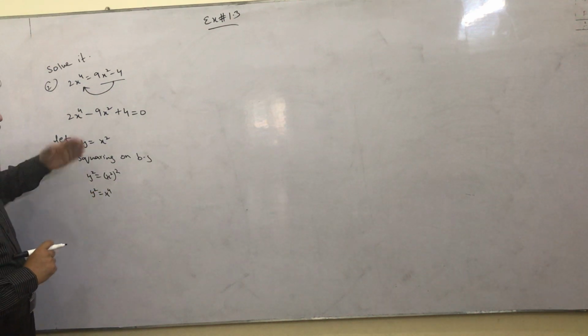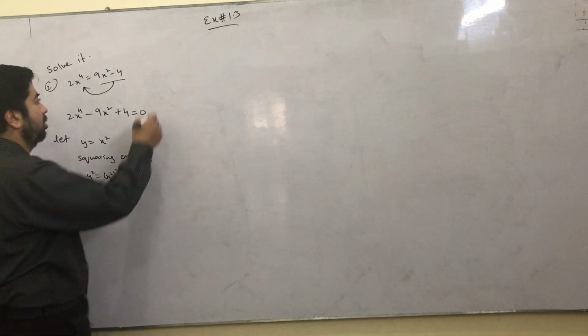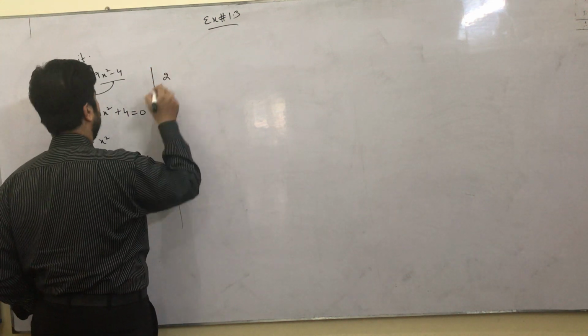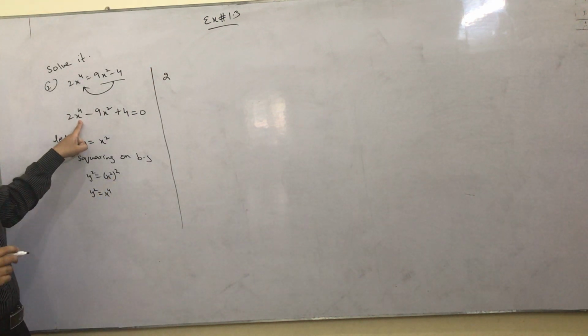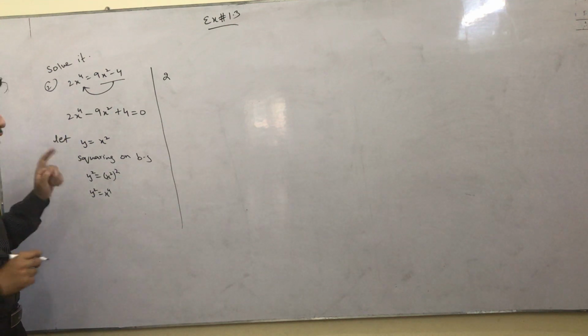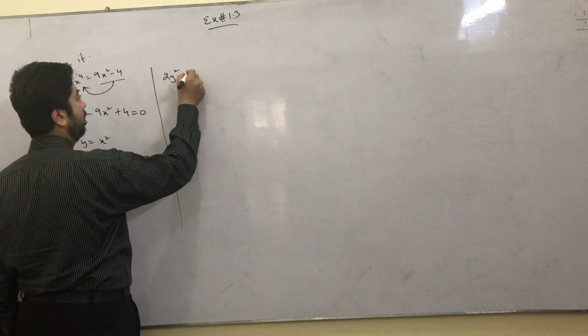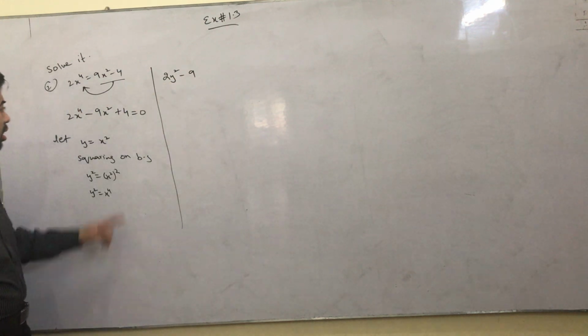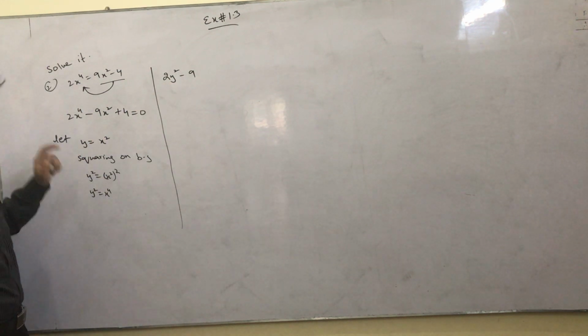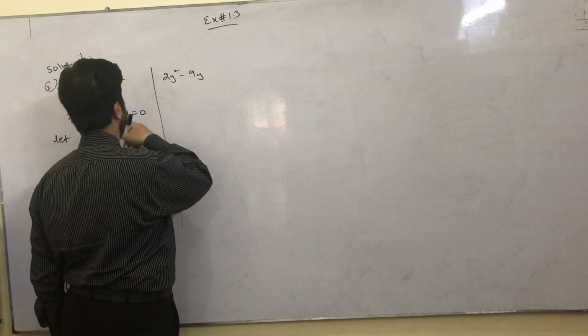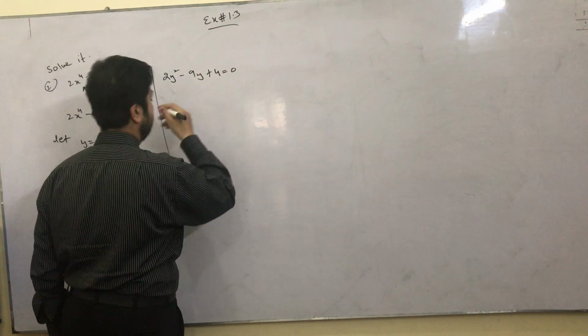Now apply all these conditions in this question. The 2x raised to power 4: instead of x raised to power 4, you have to write y square, minus 9x square. Instead of x square, you have to write y. After that, plus 4 is equal to 0.